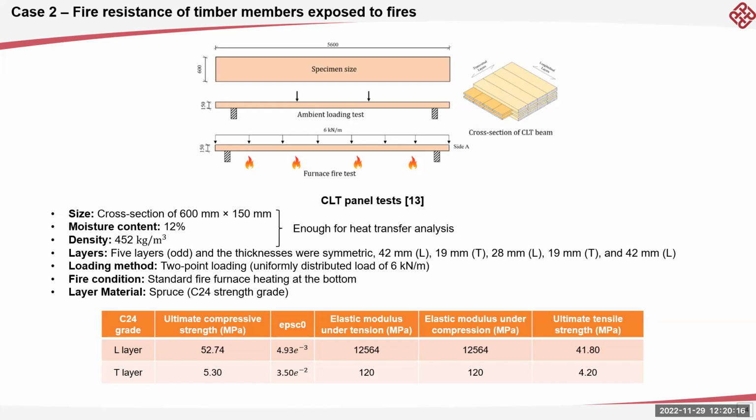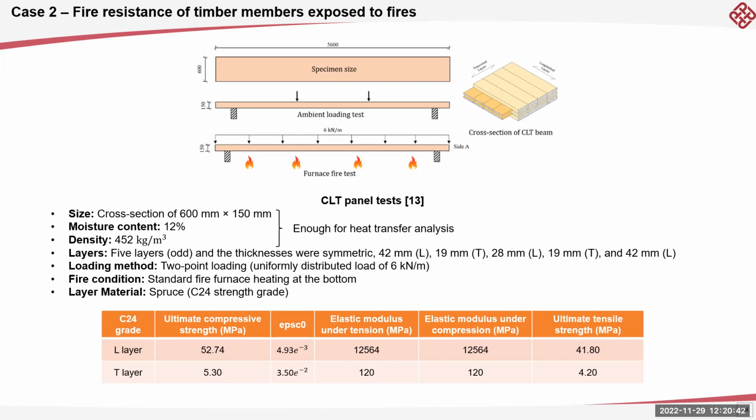And in the Excel, we can see the recommended values for the L direction layer of the C24 grade. And this is the ultimate compression stress. And this is the elastic modulus under tension and under compression, and the ultimate tension stress. And the epsilon 0 is calculated by the strain when the stress reaches the ultimate compression.